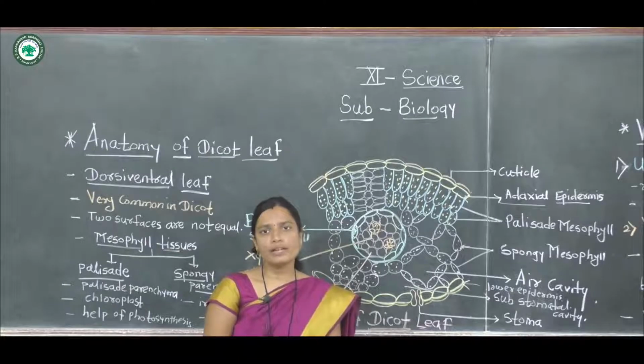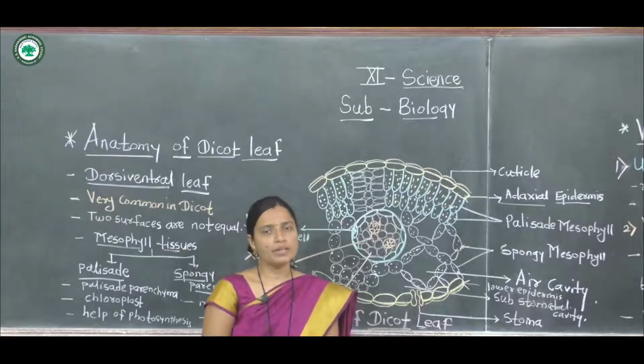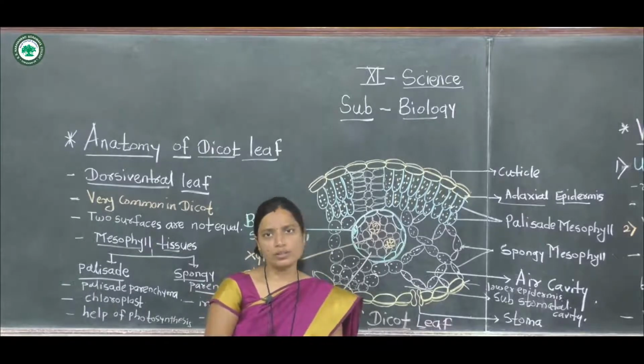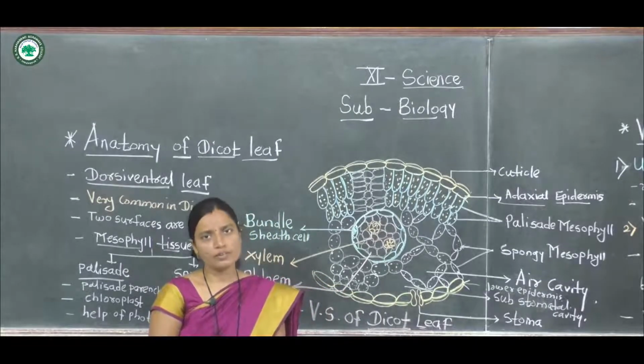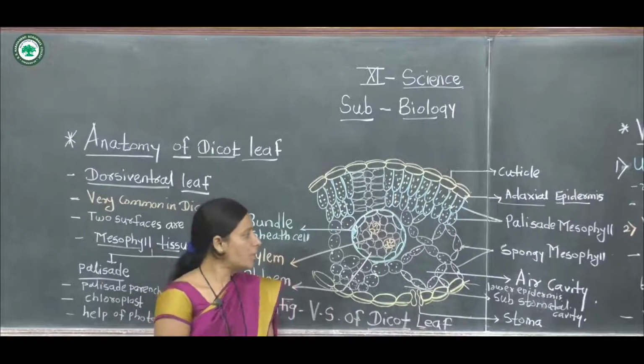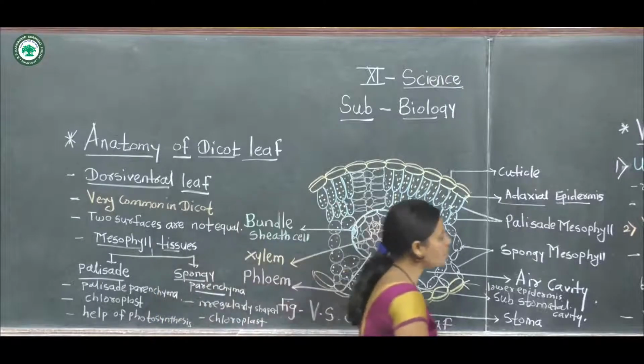Xylem is the water conducting tissue, and phloem is the food conducting tissue, found in the vascular bundle.